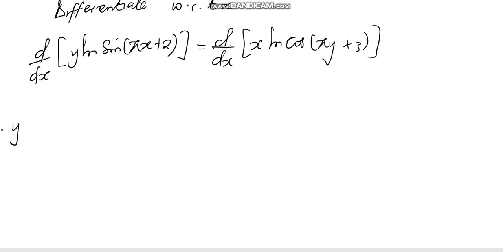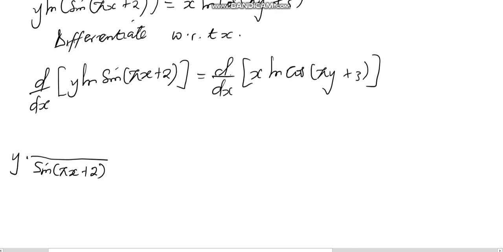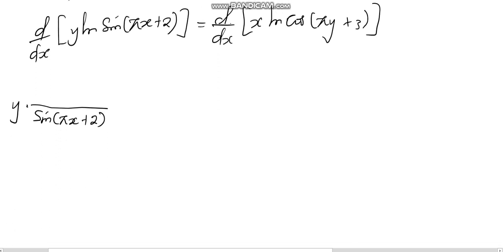When we differentiate that function, we're going to find 1 over sin(πx + 2). Let me just check if it's plus 2 or plus 3. Okay, it's a plus 2, we're okay.